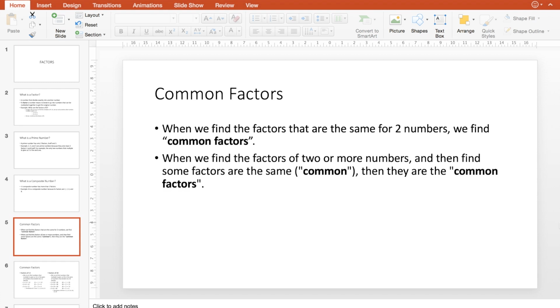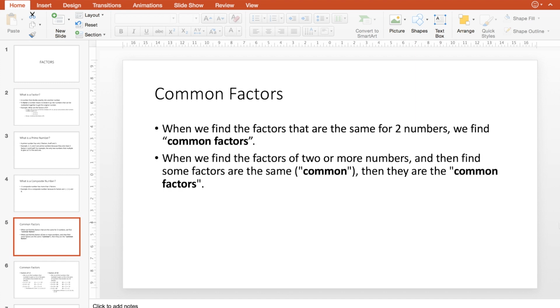Okay, now let's go into common factors. Well, what are common factors? The word common itself gives you the definition. Suppose you're given a question where you're told to find the factors of 2 specific numbers. Then what are the common factors? Well, you make the list of factors of those 2 numbers, and then you see which ones they have in common, which ones are the same factors in both of those numbers, and those are known as the common factors.